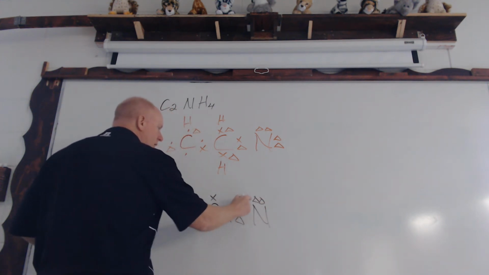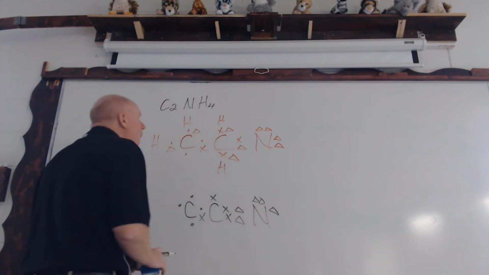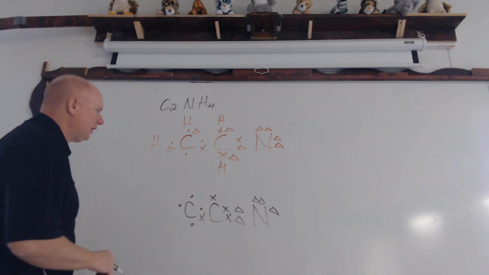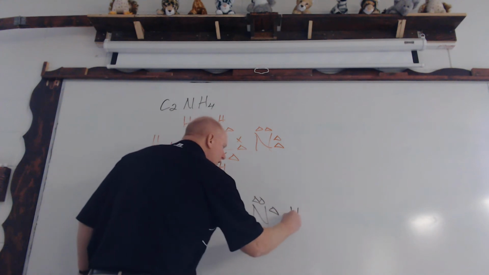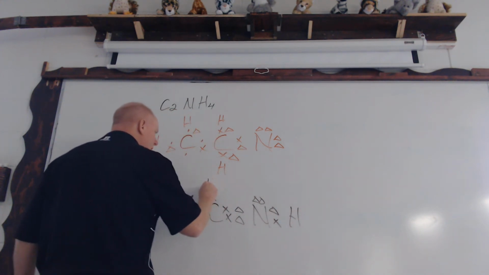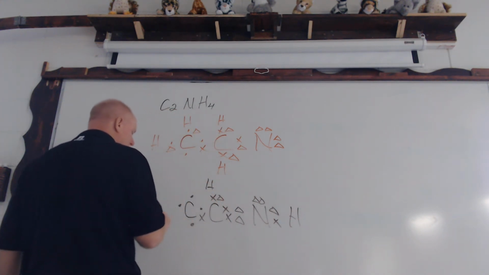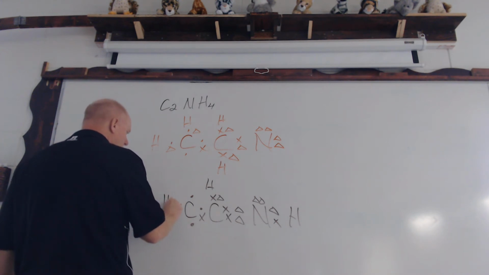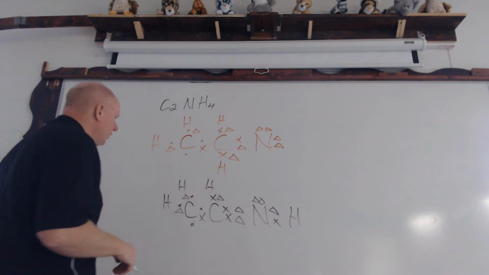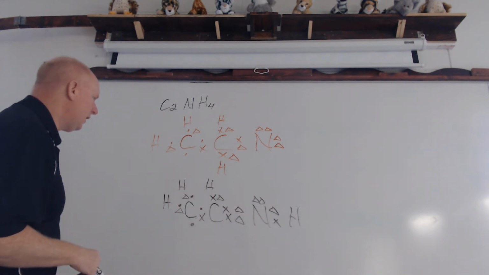Okay, so 1, 2, 3, 4, 5. Now we've got 4 hydrogens to contend with, and it looks like we can put one here, 2, 3, and 4. And we're still no closer yet.